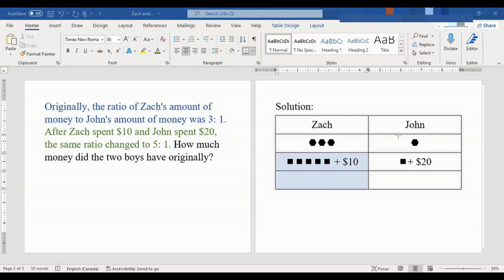So we can make another representation for Zach with 3 squares plus $60, since Zach's amount of money is 3 times that of John's. And if John's amount is 1 square plus $20, if we triple that, we get 3 squares plus $60. So we'll make that.